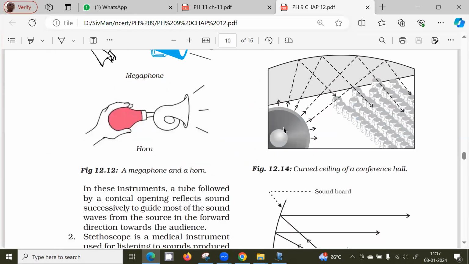See here there is a source of sound and there is a wall here. So in one direction sound is going this way, getting reflected and reaching the person here. Second is this one. So all the people in the auditorium are able to hear the sound. What is the direct sound? That is one thing. The other one is this reflected sound.